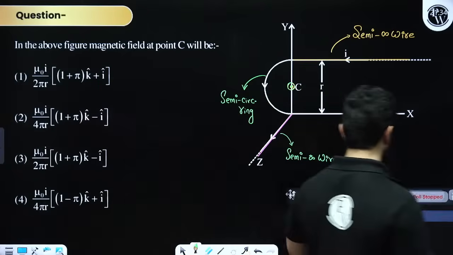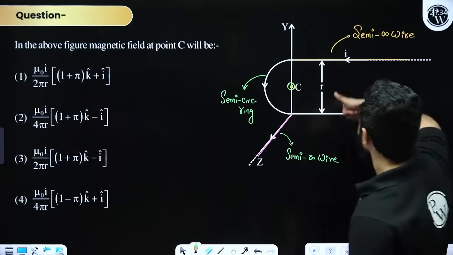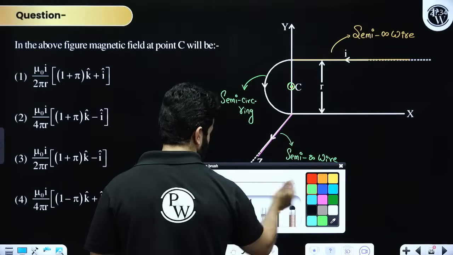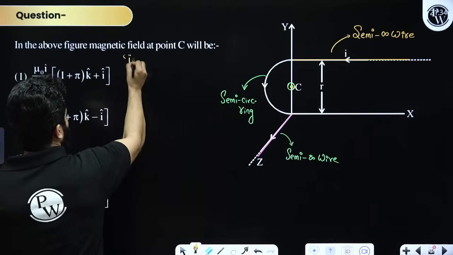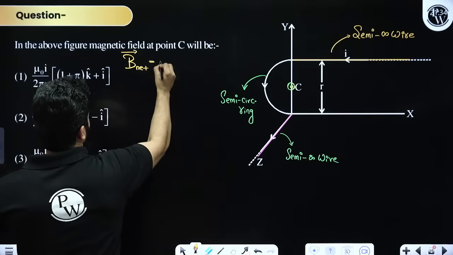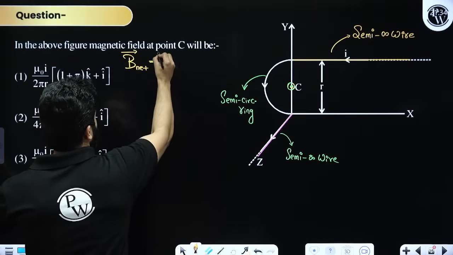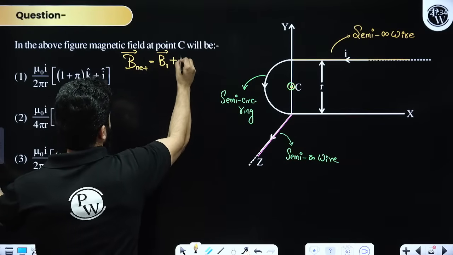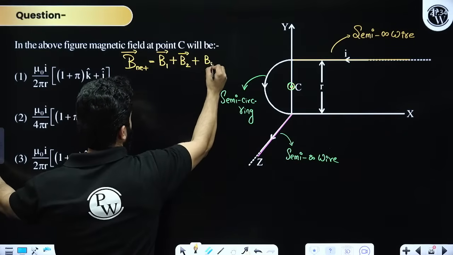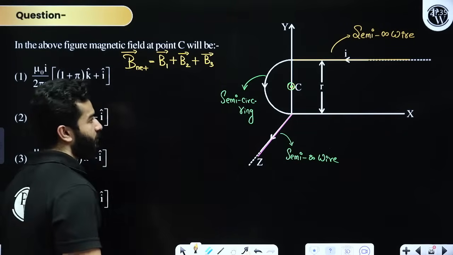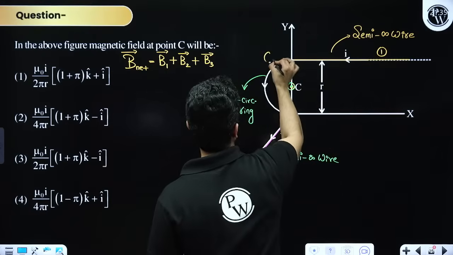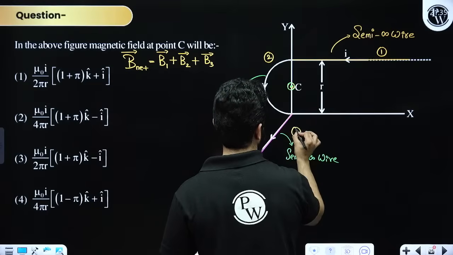So now to solve this, first of all, let's understand the directions. The net magnetic field in vector form will be the magnetic field due to element 1, due to 2 and due to 3, added vectorially. This is 1, this is 2 and this is 3.